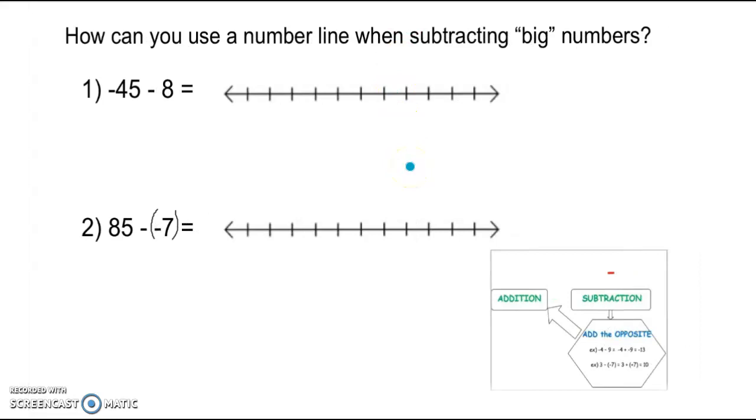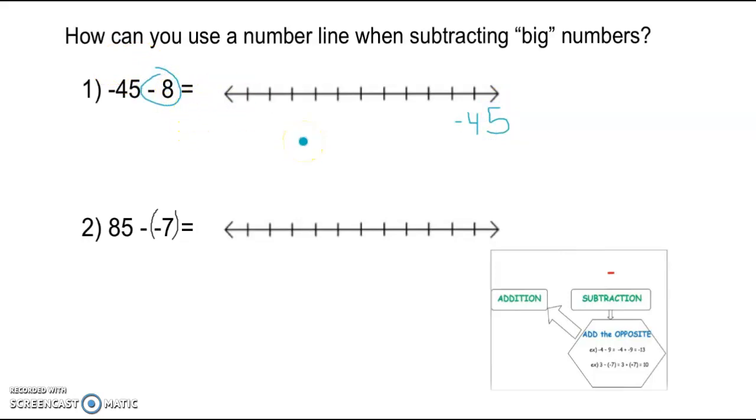Let's try a few more. So the question is, how can you use a number line when subtracting big numbers? So I have negative 45 minus 8. We're going to use this number line to show how to subtract big or larger numbers. So here, I'm just going to go ahead and write negative 45. And I want you guys to know just automatically by looking, we're subtracting a positive number, okay?